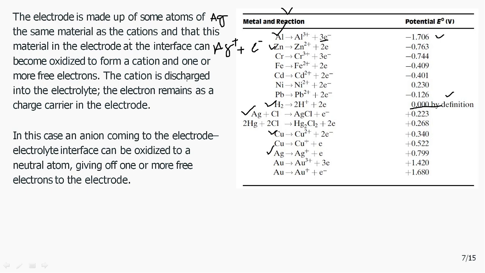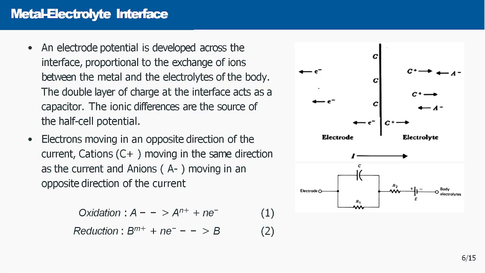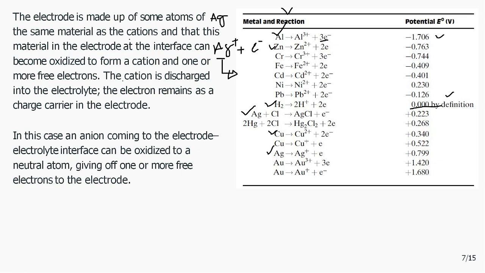This is the process of oxidation, producing one or more free electrons. The cation is discharged into the electrolyte, while the electrons remain in the electrode as charge carriers.